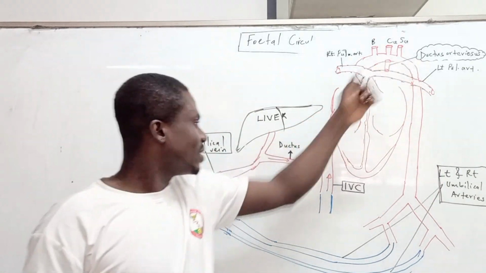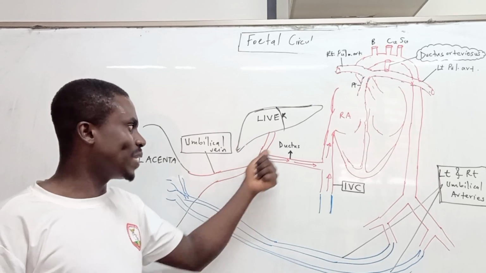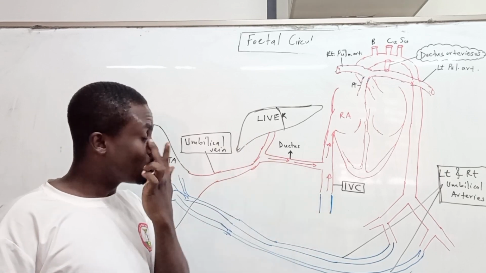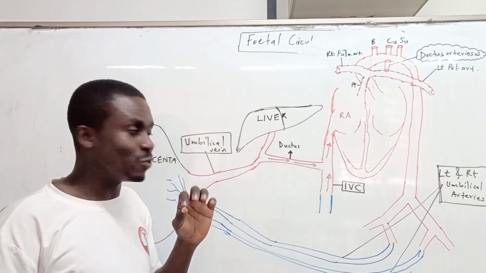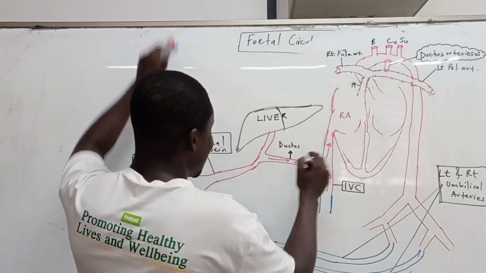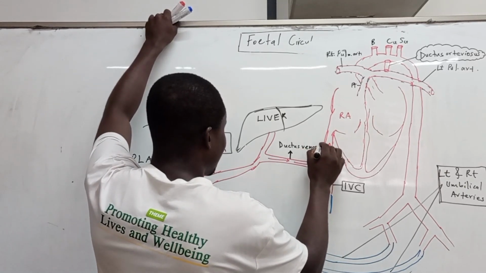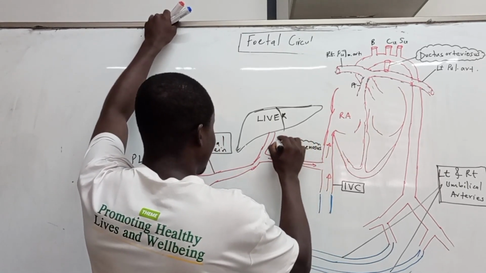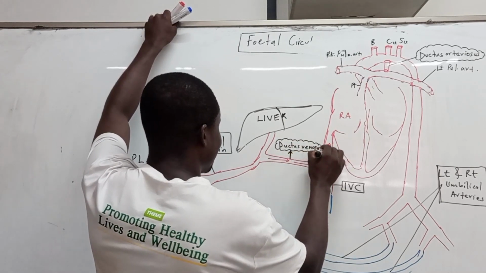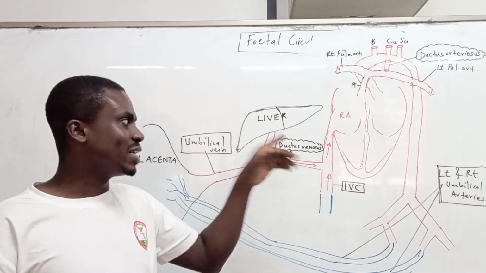This time it was through the umbilical vein, the left umbilical vein, and then we are coming this way. So we are not going to call it ductus arteriosus. This time around it's the vein, so it becomes ductus venosus. In this manner.